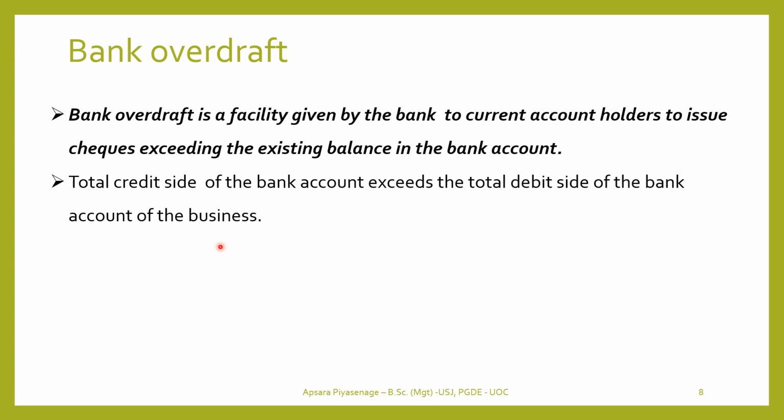In normal circumstances, you have a debit balance in the bank account. When there is an overdraft, the credit side is exceeding the debit side because we are given the facility to issue checks more than the amount we have in the bank account. So the credit side will be more than the debit side.